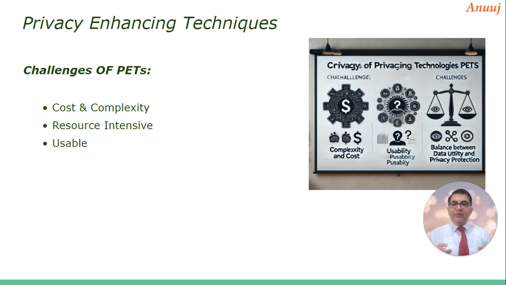So it is very important to see if the technology is usable and what is the sensitivity of the personal information that you have collected. What could go wrong with the breach of that personal information, how expensive it could be for your organization, and accordingly you can balance out between the privacy risk and cost and the complexity of usage and choose one of these privacy enhancing technologies for your personal data that you have collected.